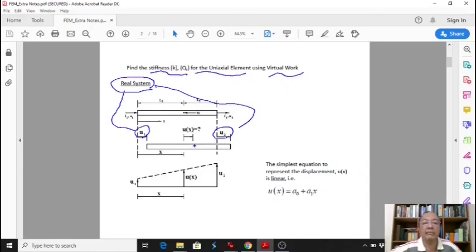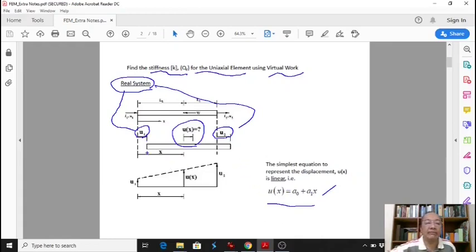As we learned from the previous class, we need to approximate the function U of x first. This is the simplest equation to represent the displacement U of x, and it is linear. So we assume that U of x is A0 plus A1 x.